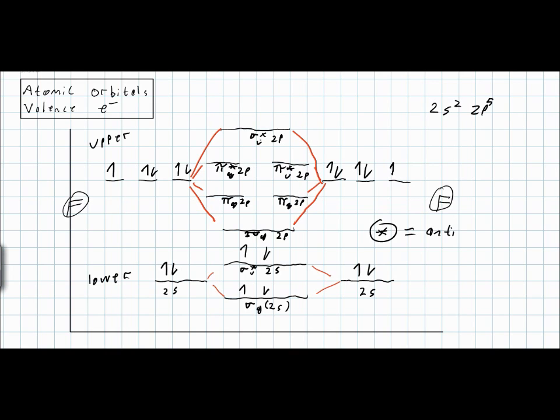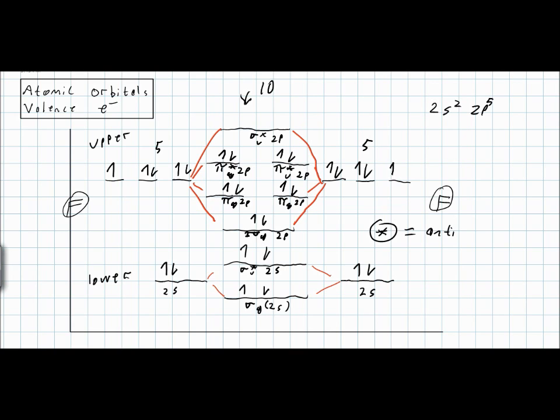And so we are going to fill in the electrons. We have 5 on each side, which is a total of 10 electrons, so 10 electrons must fill these center lines. So we have 1, 2, 3, 4, 5, 6, 7, 8, 9, 10.